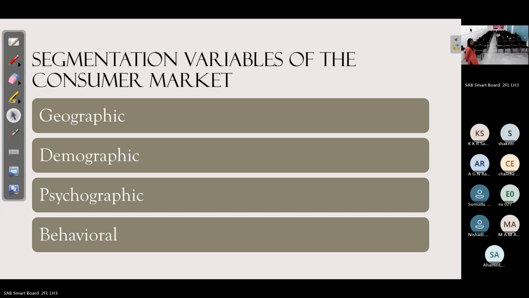Benefits seen by the consumer, one factor. Benefits seen by the consumer.